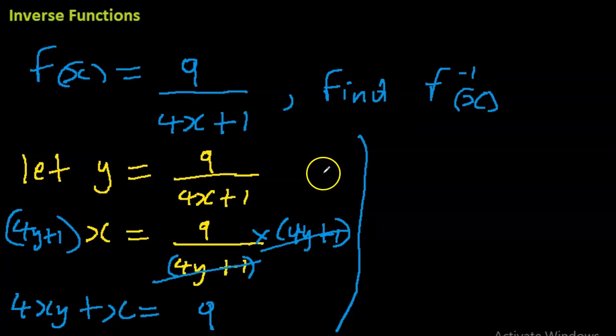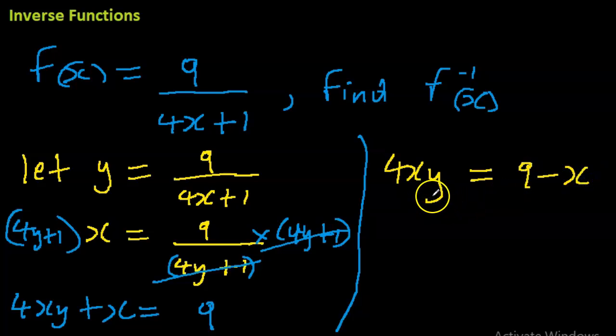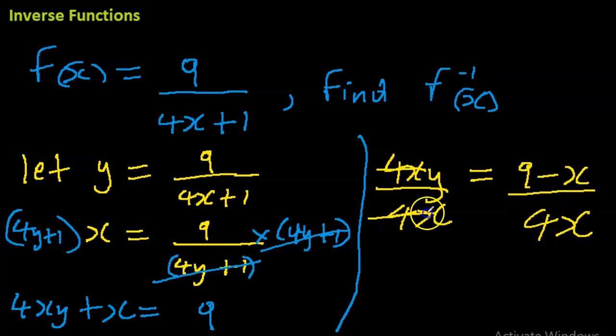Now you're solving for y. So I need to subtract x from both sides. So we'll end up with 4xy equal to, so I group this positive x over here, it's 9 minus x. Remember, you're solving for y now. So you need to get rid of this 4x. So you divide both sides by what you want to get rid of, which is 4x. Which is 4x into itself, that's 1, right?